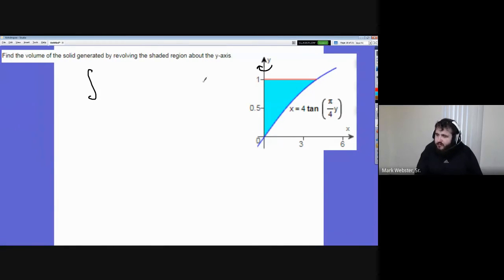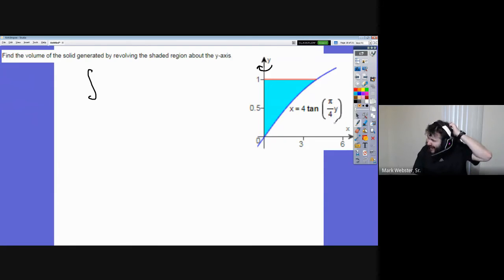If they want you to rotate it around the y-axis, you're better off turning it into a function of y if you possibly can. If you cannot, sometimes it becomes a problem for doing it. We'll talk more about that in a second.